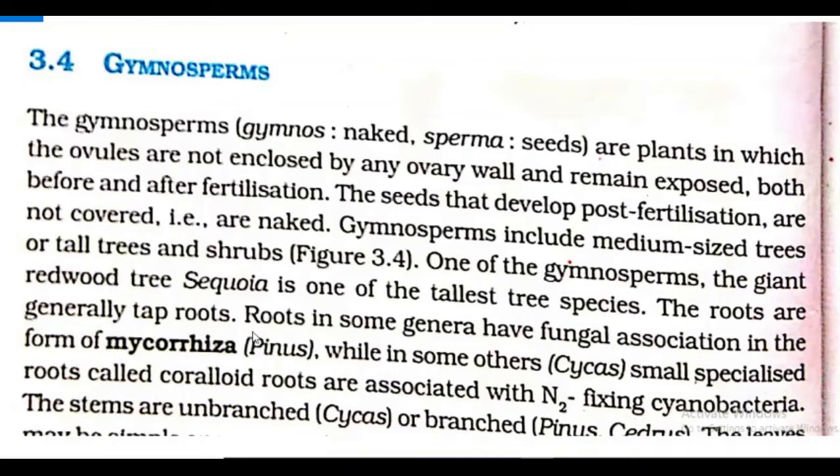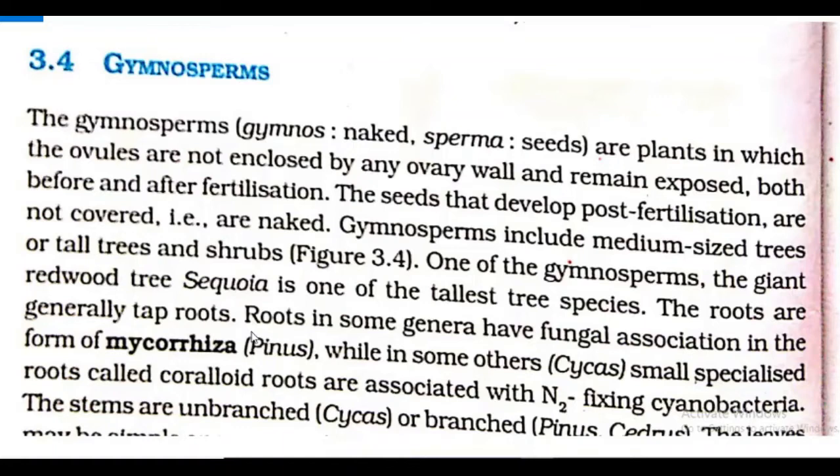Now what is an adventitious root? We said that generally roots arise from the radicle. Apart from the radicle, if a root arises from any other part of the plant, we can call it an adventitious root. Have you seen the roots hanging down from the branches of the banyan tree?